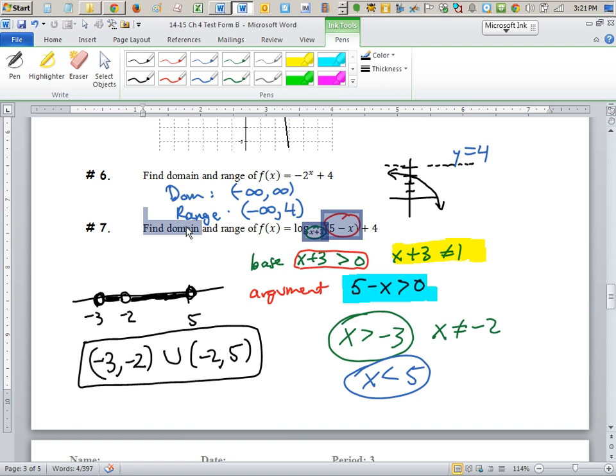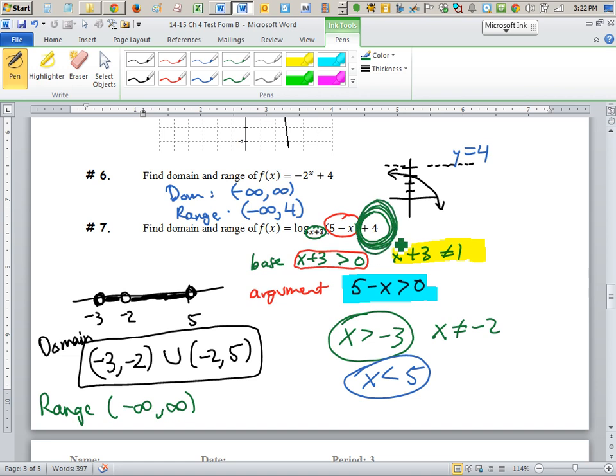Okay, now let's talk about the range. Now the fact that this is a log function means it has an all real numbers range in the same way that the exponential in number 6 had an all real numbers domain. So we would expect, if we're talking about range, it's normally all real numbers, and I don't think adding 4, that's the upshift, is going to change that.